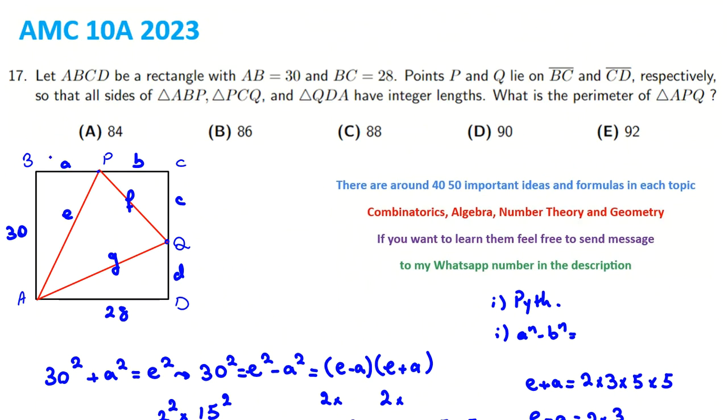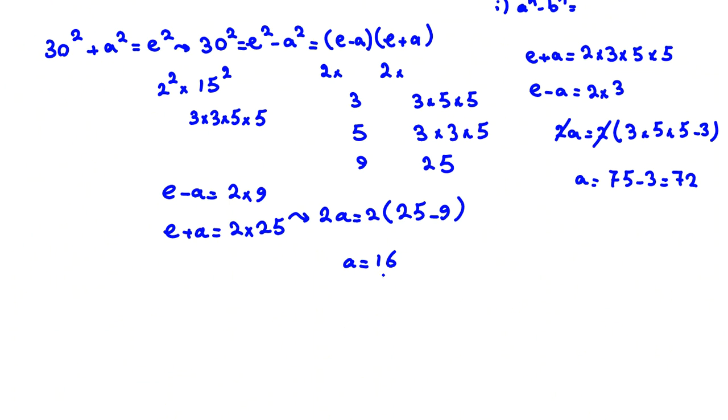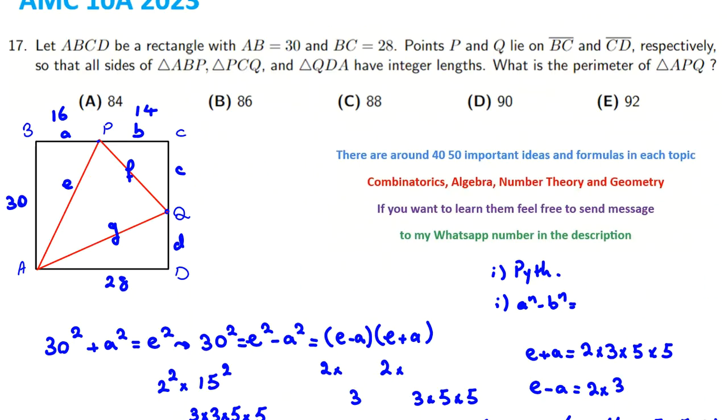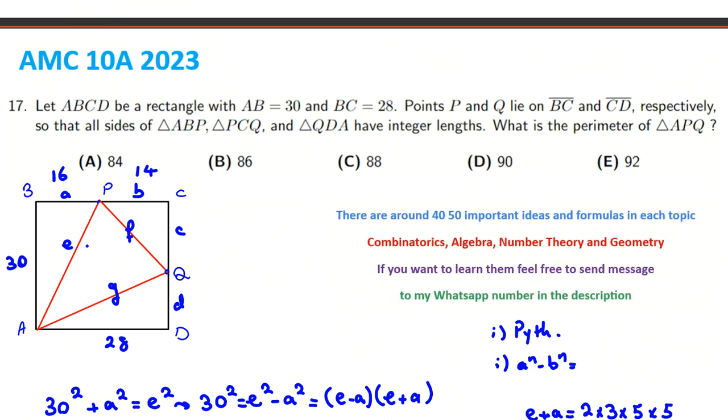Now e minus a is 18, so e is a plus 18, which is 16 plus 18, which is 34. Okay, so e will be 34.